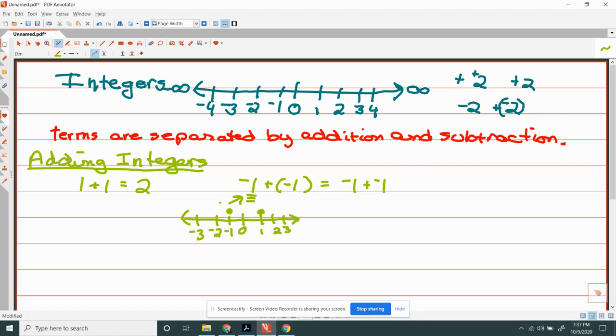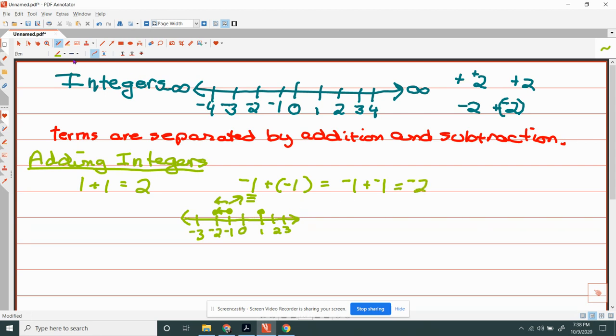Whenever we are subtracting or adding a negative, we need to go left. So negative 1 plus a negative 1 moves us down to negative 2. So negative 1 plus negative 1 is negative 2.